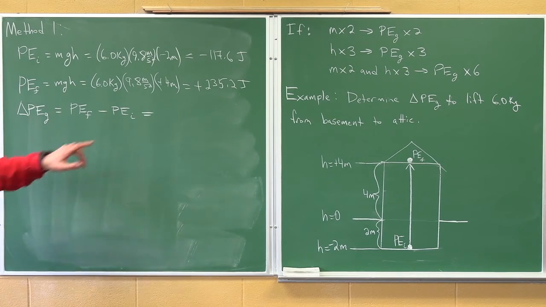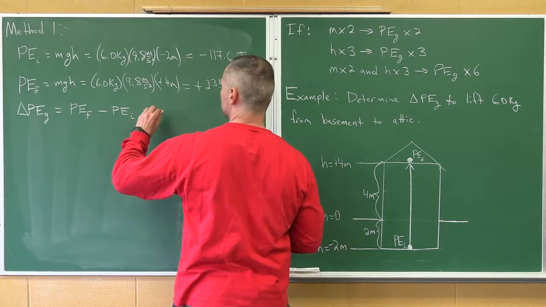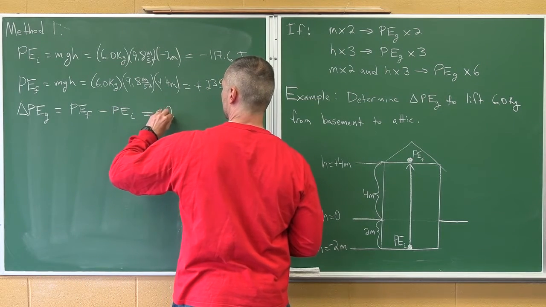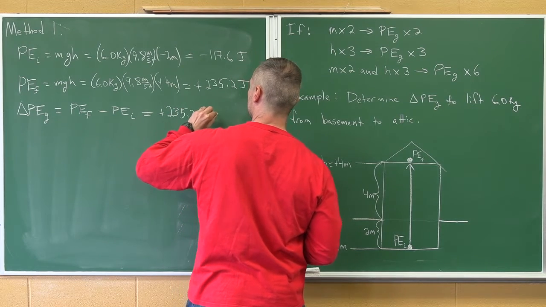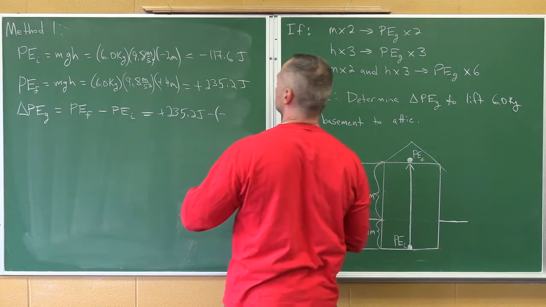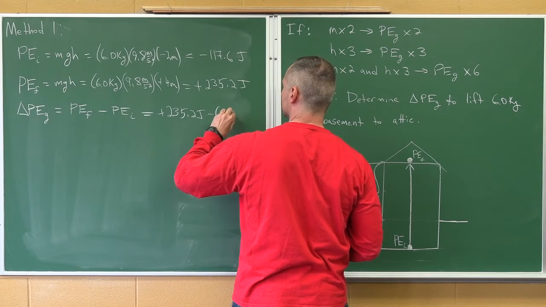In other words, the final is positive 235.2 minus the initial of negative 117.6.